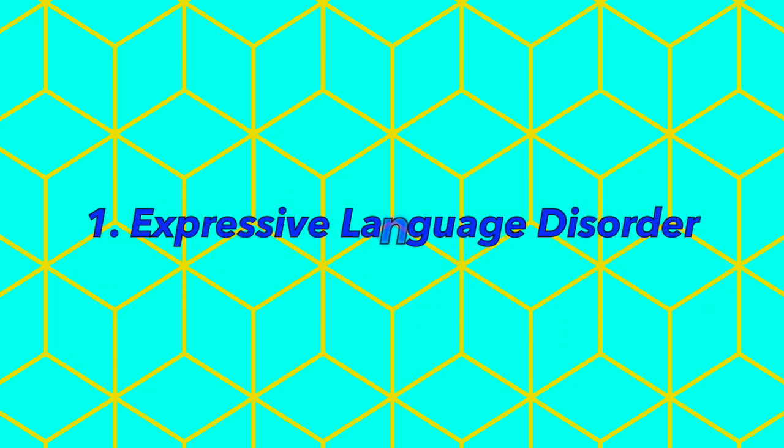Expressive language disorder. Expressive language disorder comes about when children or other persons do not meet their developmental milestones regarding their ability to produce meaningful language by translating their thoughts into words, phrases, and sentences.